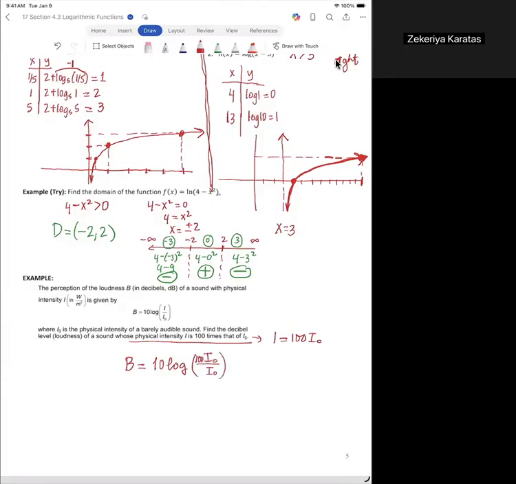The I0s cancel out and you get log 100. But log 100 is basically 2, because which power of 10 gives 100? The second power. So it's 10 times 2, which is 20 decibels.